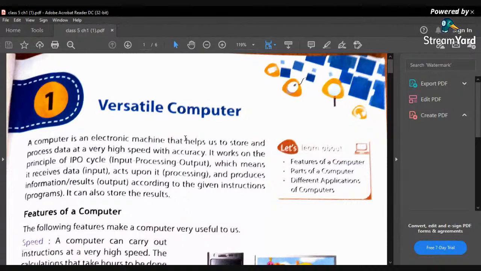That is called process. After the processing, it gives the accurate result, and this result or information is called the output.